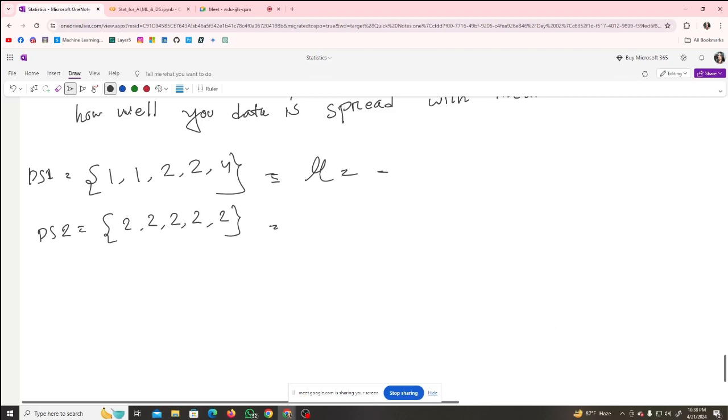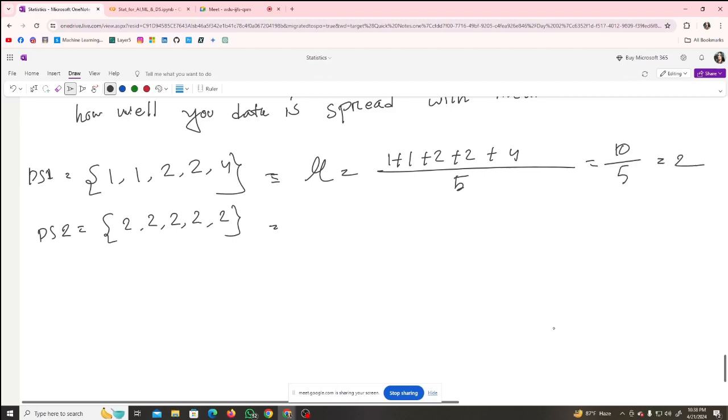To find the mean, we simply add all of these: 1 plus 1 is 2, plus 2 is 4, and so on, and the total number in that data set is 5, so we get 10 by 5, which is equal to 2.